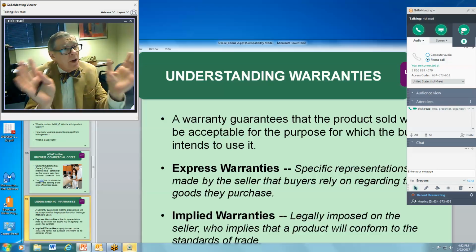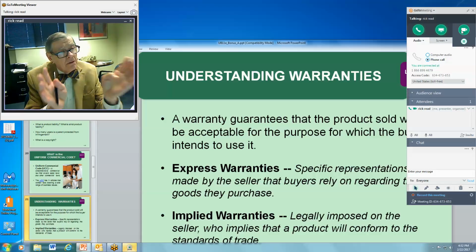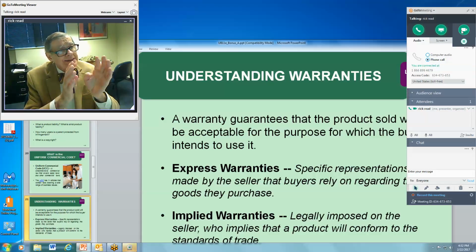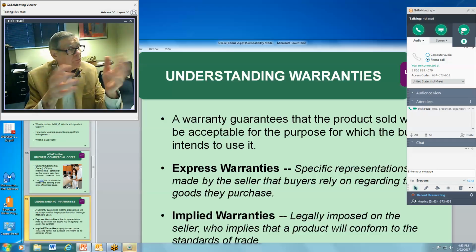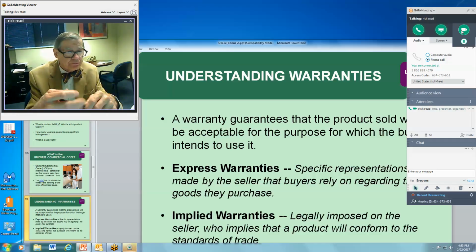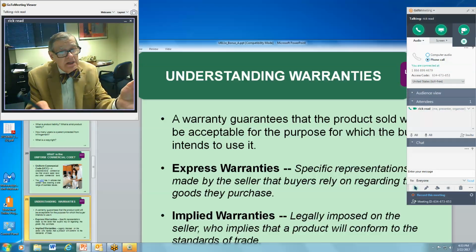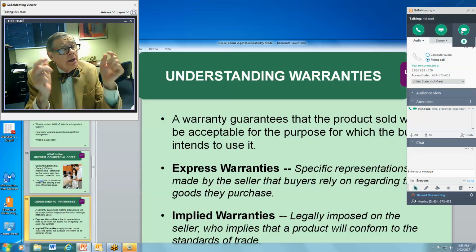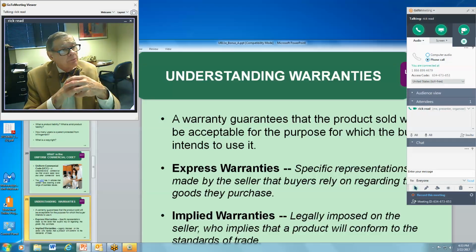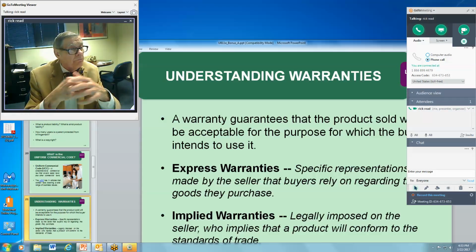You have no way to recover anything. Product has to be used as it is intended for you to recover something if it breaks down or causes harm to somebody else, a warranty. A specific warranty is telling you, the buyer, I, the manufacturer, make these representations about the product, and you can rely on them because that's what I'm saying.